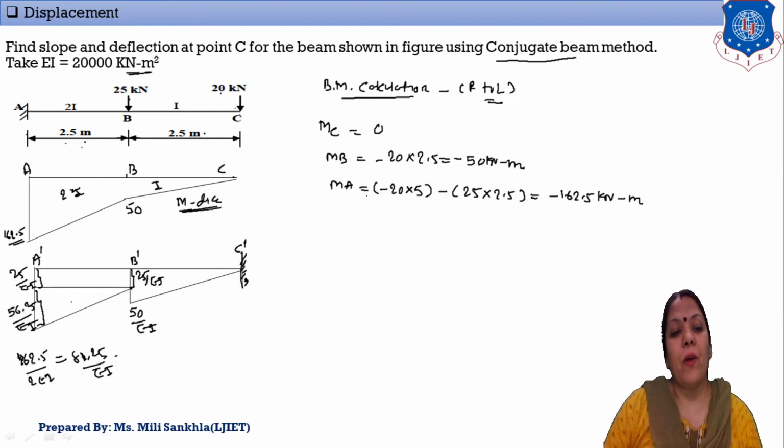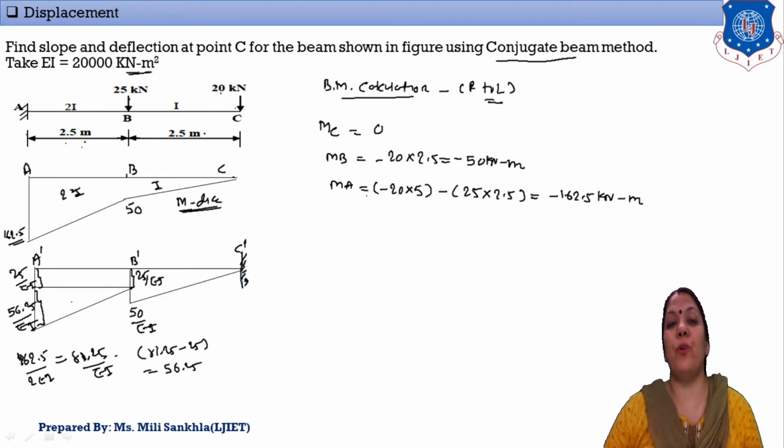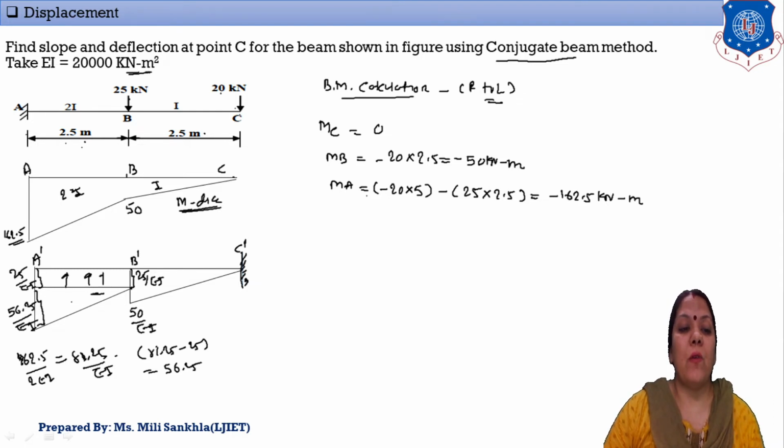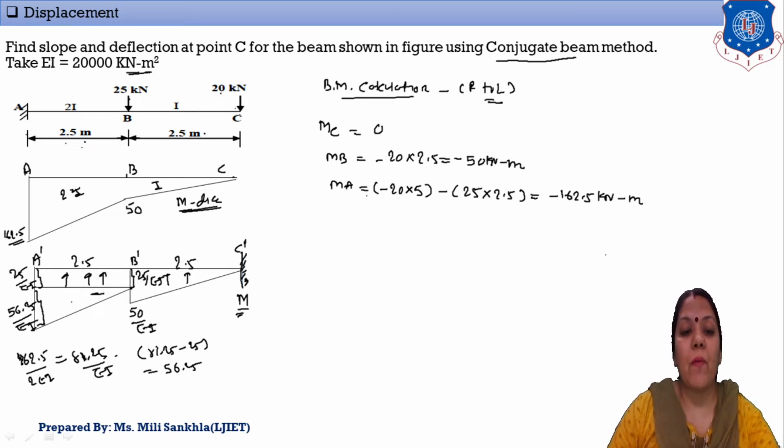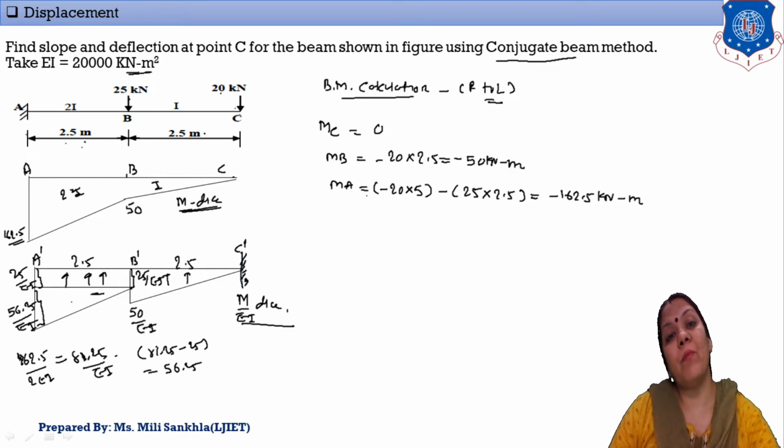Clear? Now this diagram is minus, and forces are indicated in the upward direction. The given distances are 2.5 and 2.5, and this diagram is known as our M upon EI diagram. Clear? And this M upon EI diagram is the conjugate beam diagram.